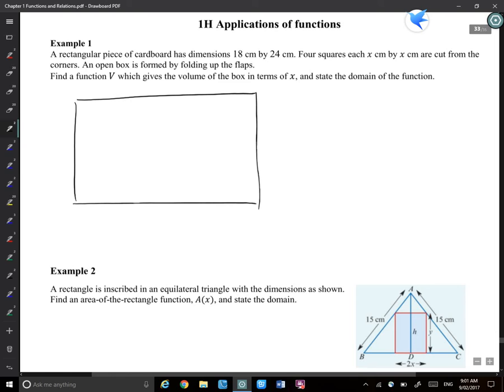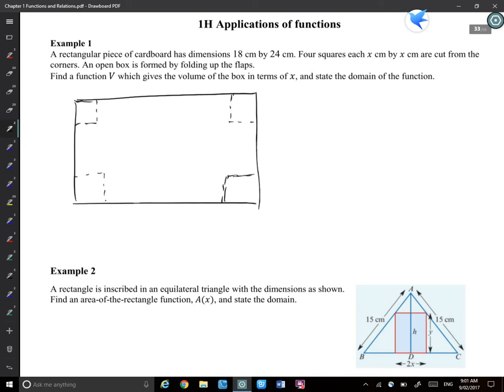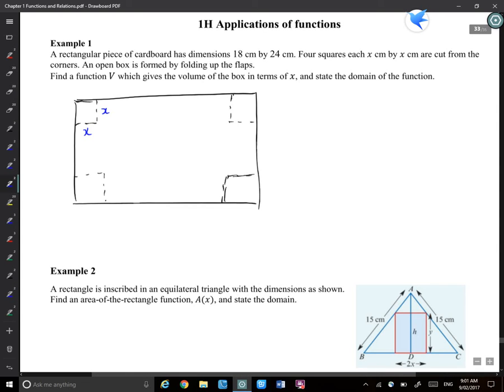So if we have a rectangular, that's not really a rectangular, let's assume it's a rectangular. We cut x from each side. If we cut a larger x, that will have a higher height. If we cut a small x, that will be a very low box. Okay, if I cut x and I fold the piece, this will be my base.